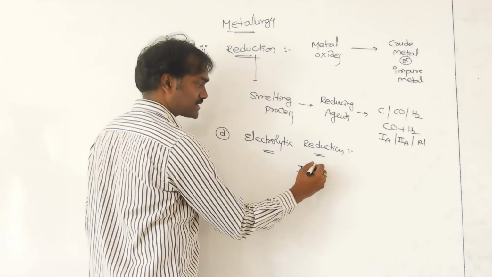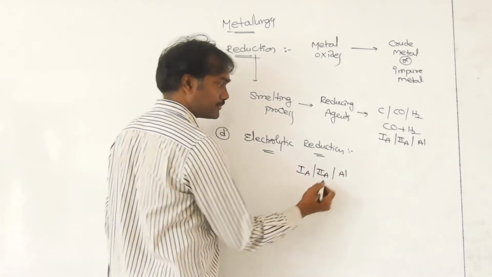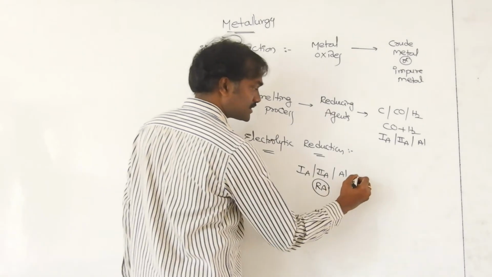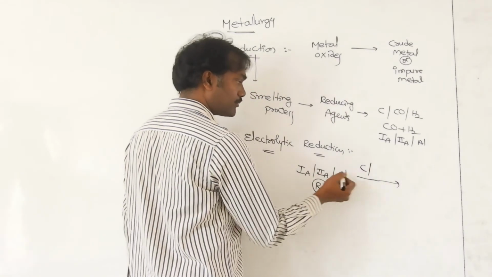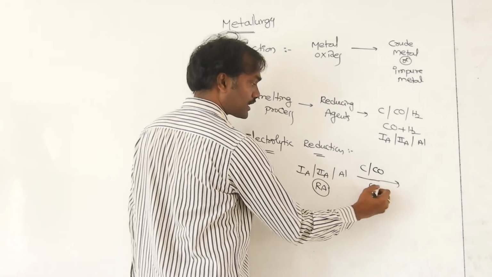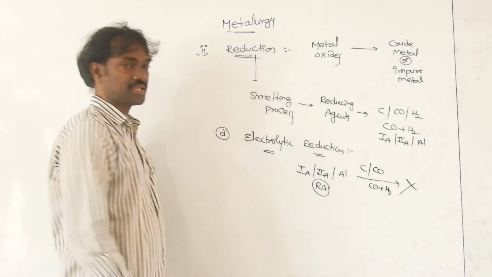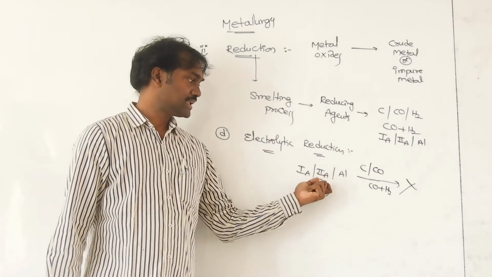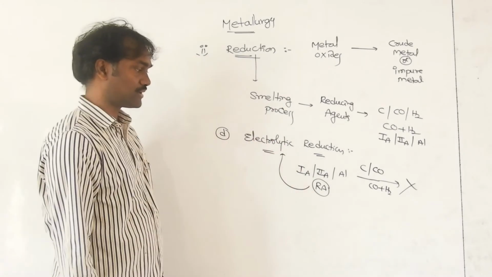You take first A group, second A group, and aluminium. These are strong reducing agents. Suppose you treat them with carbon, carbon monoxide or water gas; these are not useful reducing agents to extract these metals. So for these metals, we are compulsorily using the electrolytic process only.